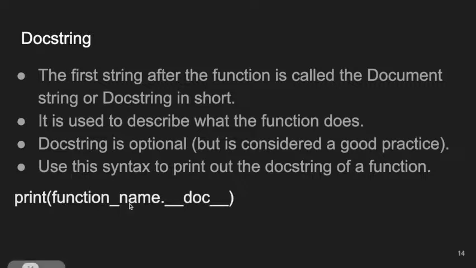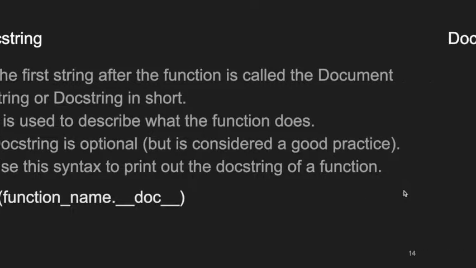That is to call your function name and then dot, then underscore underscore doc underscore underscore. This is a keyword in Python. For any function that you define with a docstring, once you call the function name dot underscore underscore doc underscore underscore, you can get what is stored in your docstring.